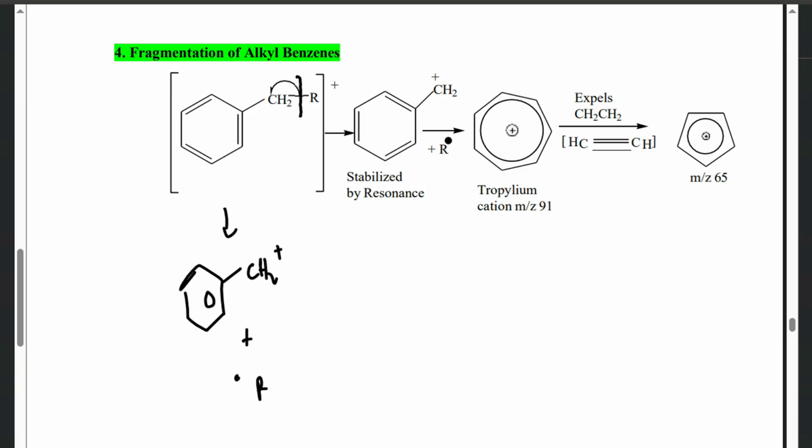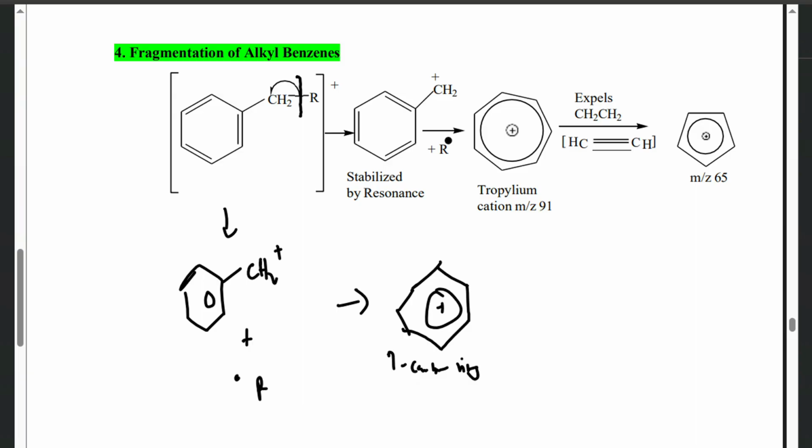So furthermore, this one can be explained as a 7-membered ring. You put this here, 7 carbon ring, right? So that's what we have here.